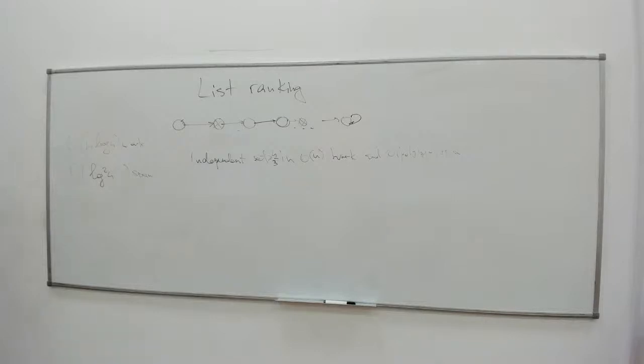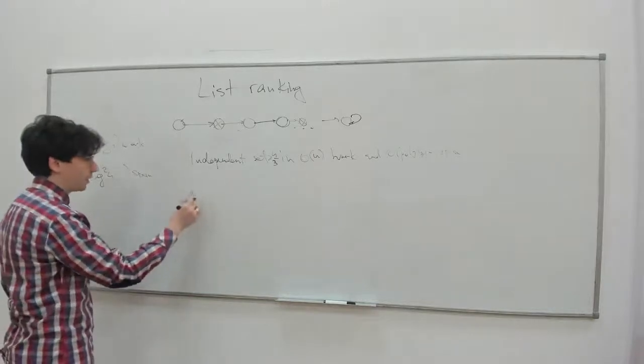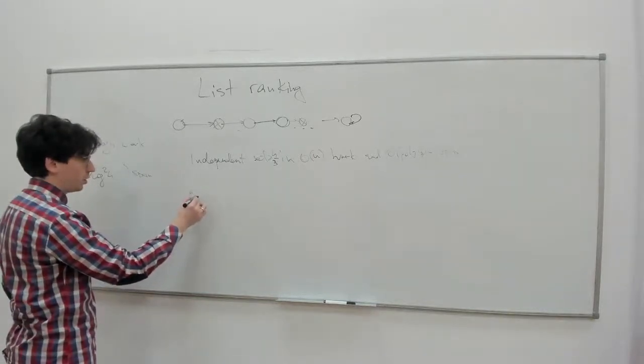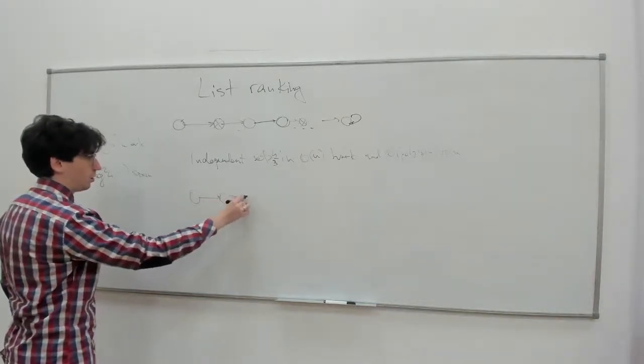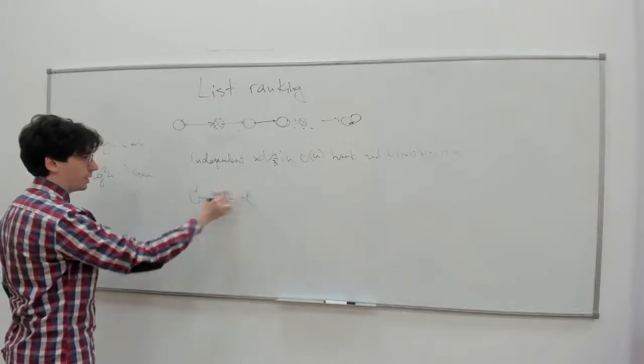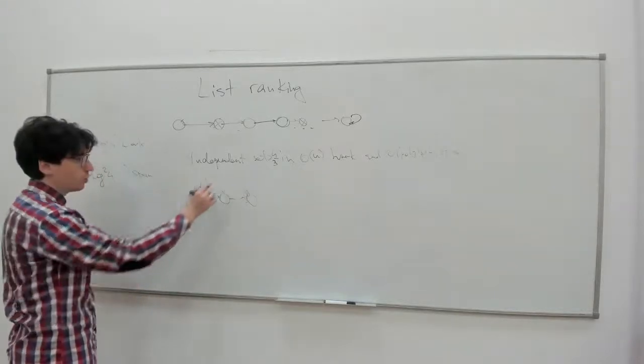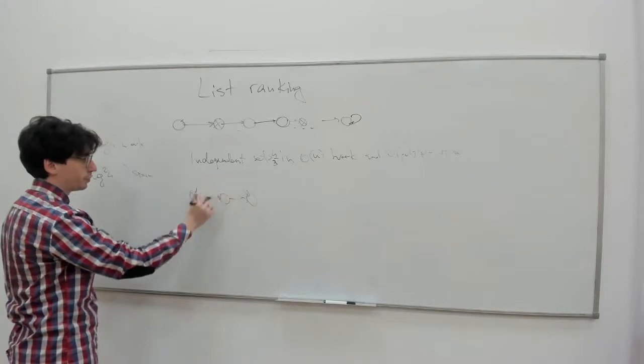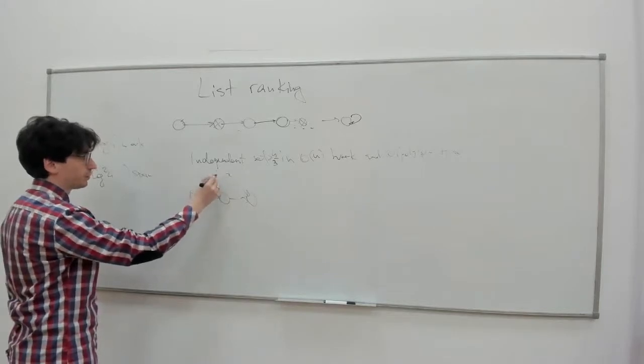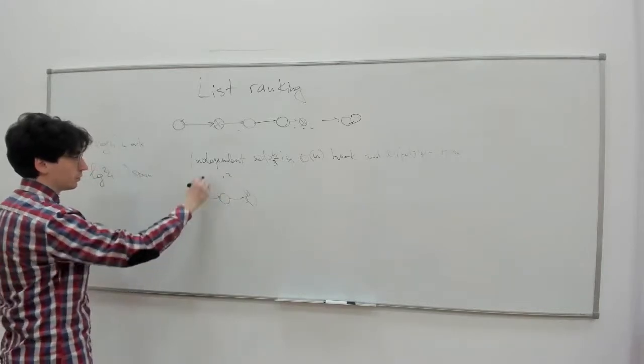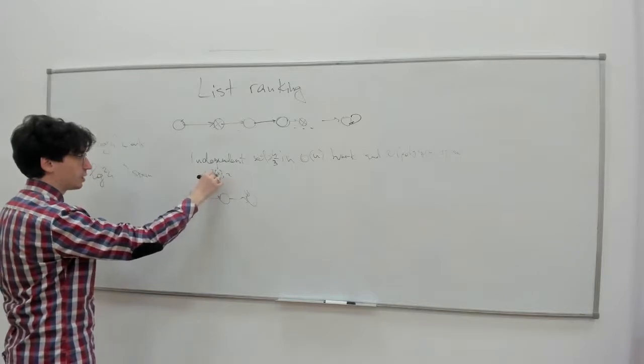In our binary jumping, we replace the next and we store the length, so it becomes 2. This will be next of x.